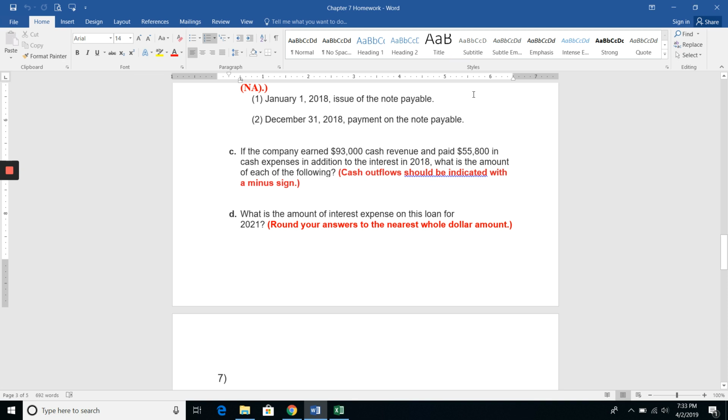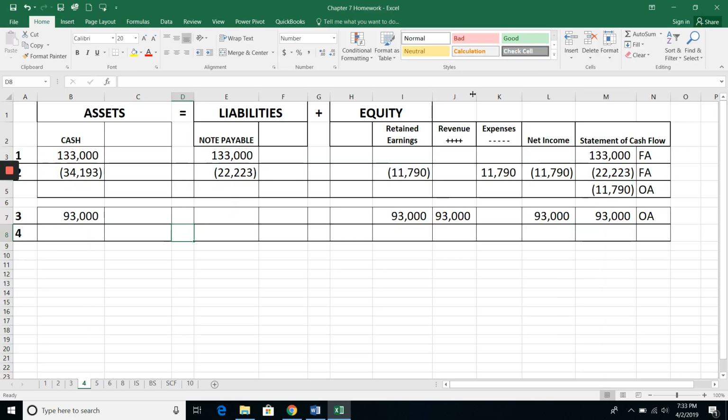We also paid $55,800 in cash expense. So our cash is going down, our retained earnings is going down. We have just our expense on this line, and our revenue minus our expense shows us that net income impact for that particular item.